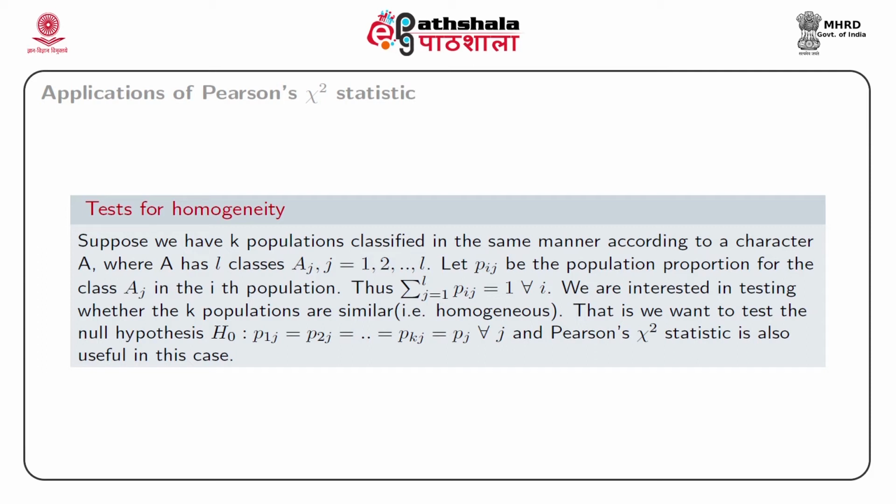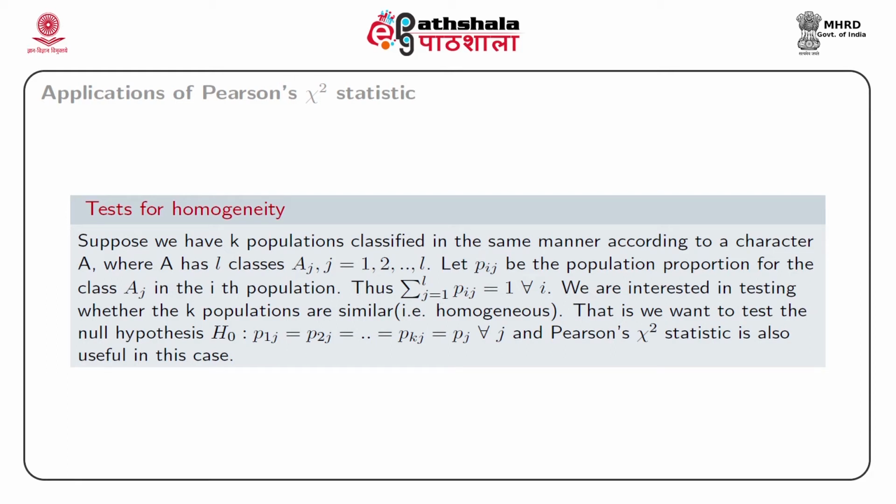We are interested in testing whether the k populations are similar, that is, homogeneous. That is, we want to test the null hypothesis that P1j, P2j, Pkj are all equal to some Pj, and we can again apply Pearson's chi-square statistic in this situation also.